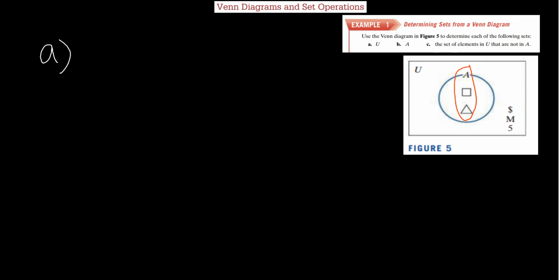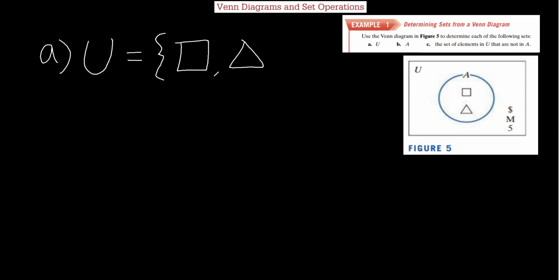So U obviously is going to contain a square and triangle, because it contains A. So we would say, let's put a big old U there. U is the set, and we're going to put brackets there, and we're going to denote the elements of the set. So the elements of the set are square, triangle. Those are the ones in set A.